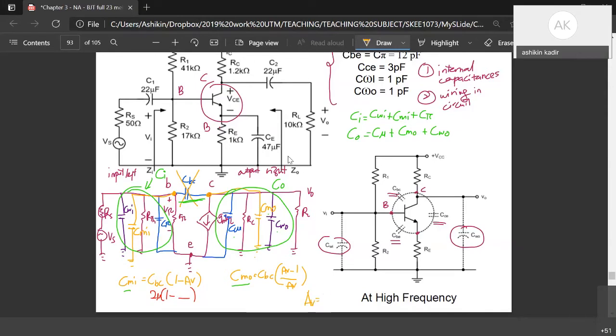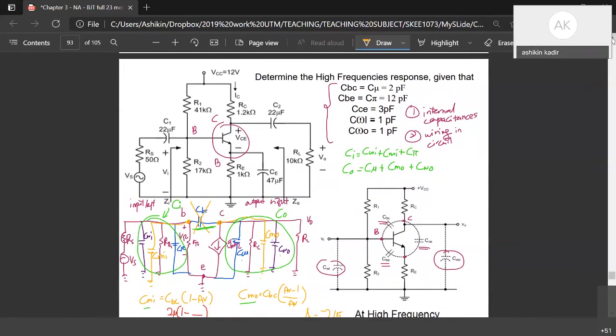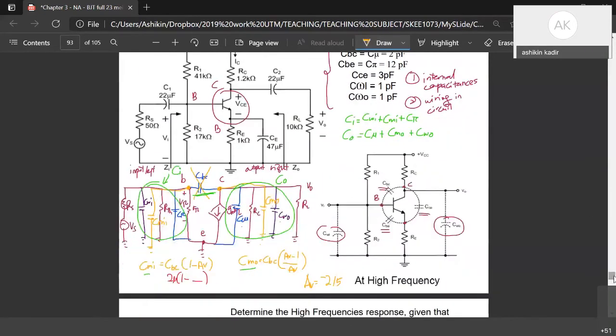AV equals minus 215. Okay, how much is your CMI, CMO?